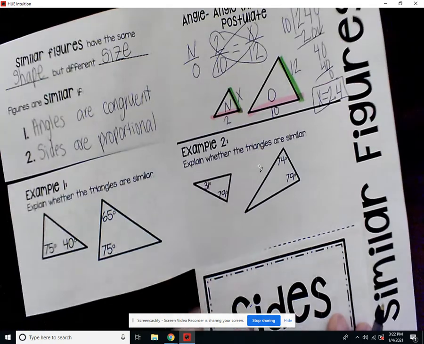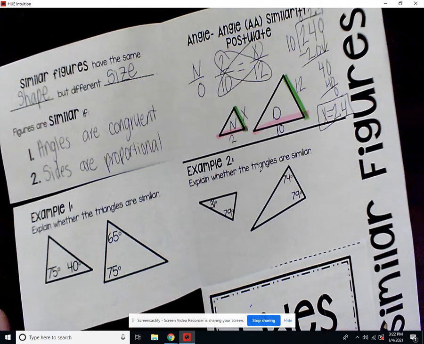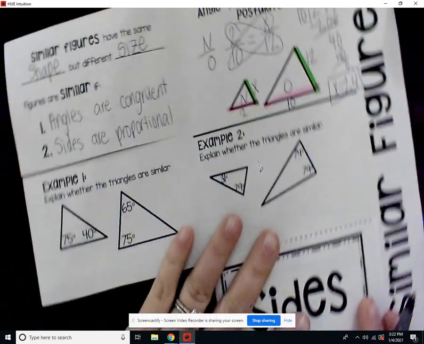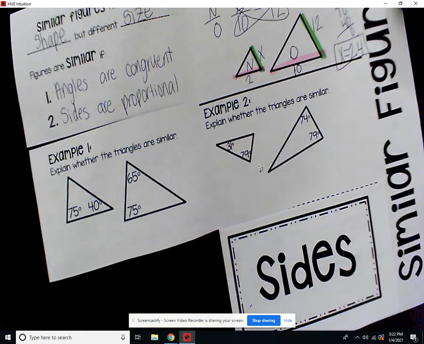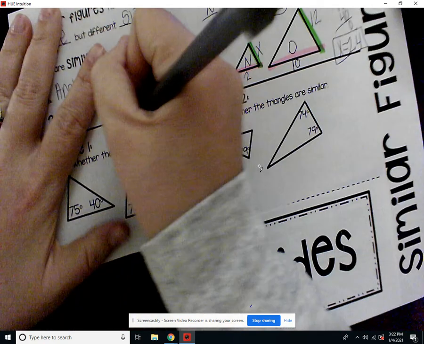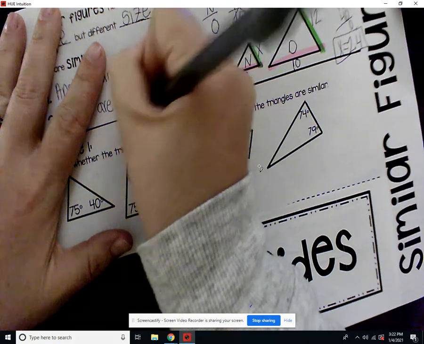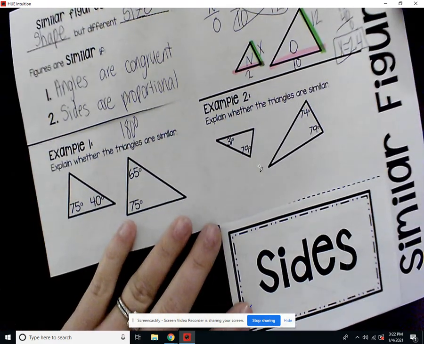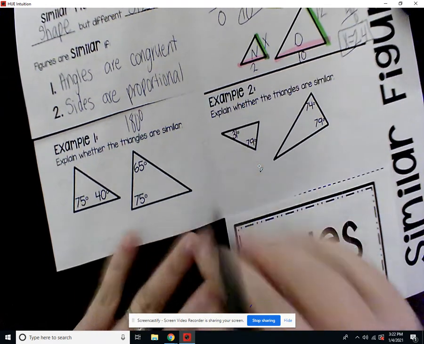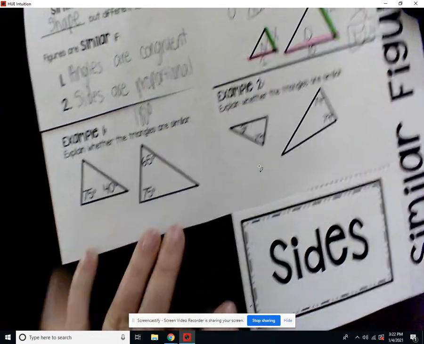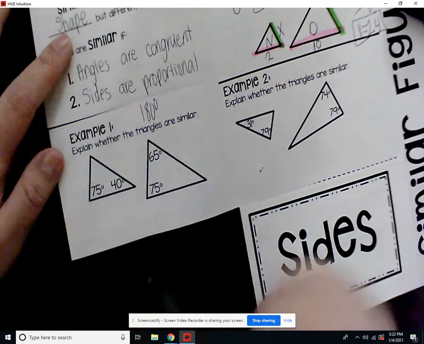All right, so the next section is looking at if a figure is similar. To do that, the first thing is we've got to know that a triangle has 180 degrees. So we want all the angles to add up to 180. So we're going to take our little one and add. We have 75 and 40.